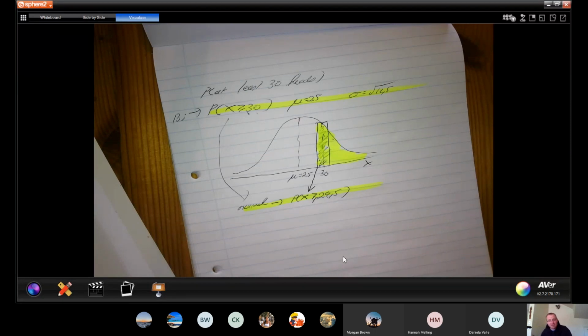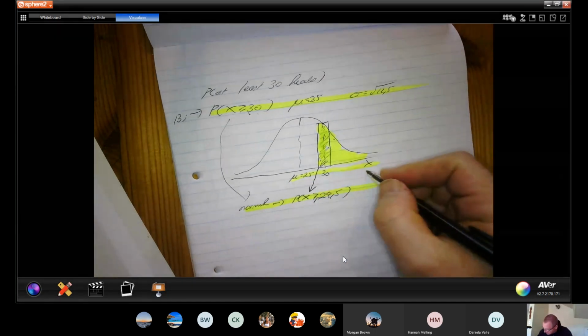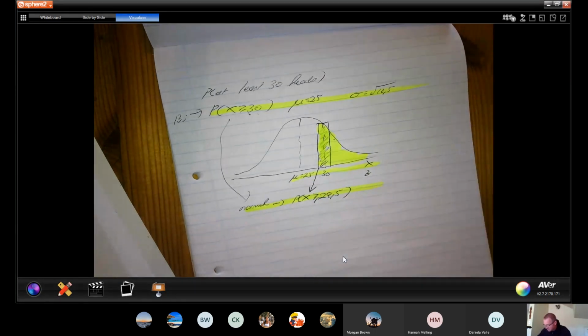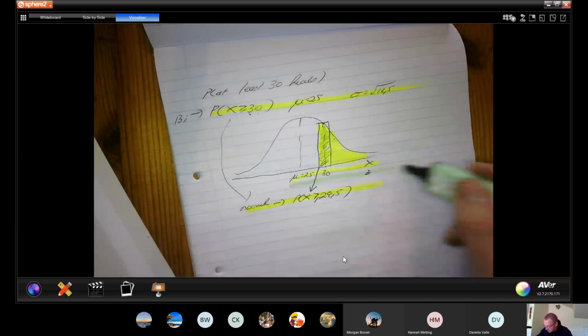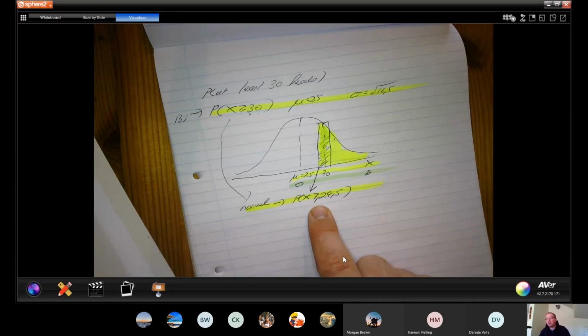Now we have a simple normal question. All the hard work has been done, and we're back to what we used to do. I've got my x scores and I'm going to find the z scores that go with them. Here z is 0, and I'm going to have a positive z score. I've got to find the z score for 29.5.